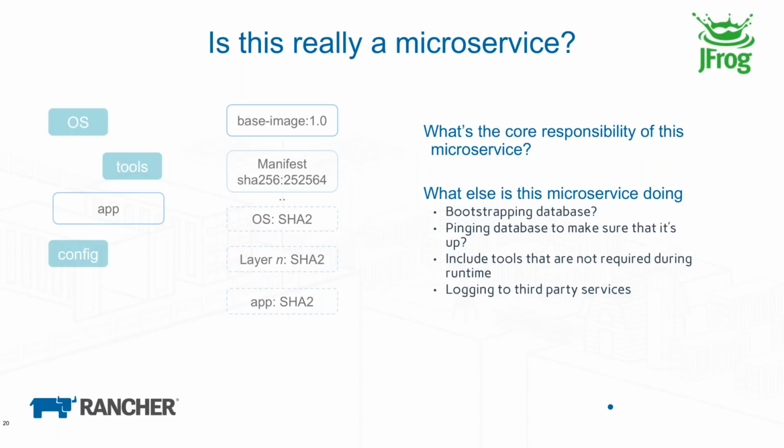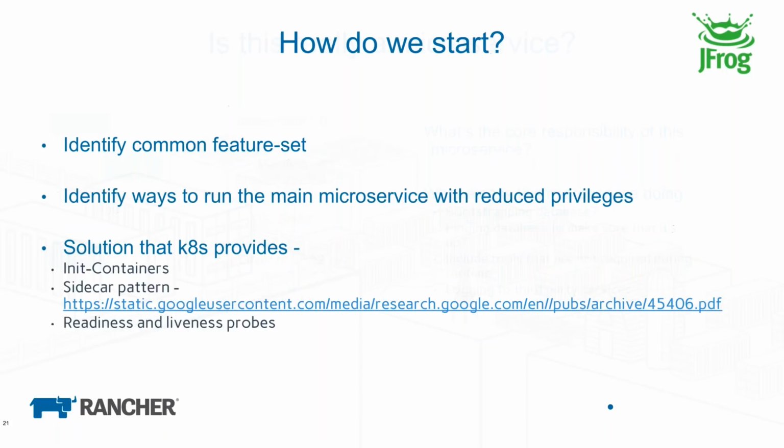I'm not going to go into too much depth about how you do migration to microservices, because there are lots of other good talks about it, but there are some basic things that we're trying to do. We want to identify a common feature set between containers, and if there are multiple containers that have a common set of features, probably that should be pulled out into a separate microservice.